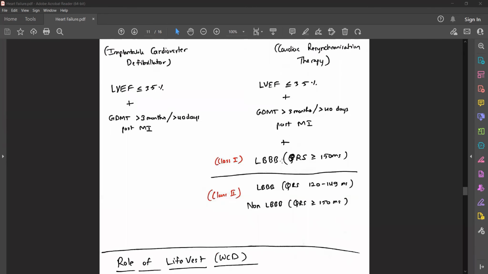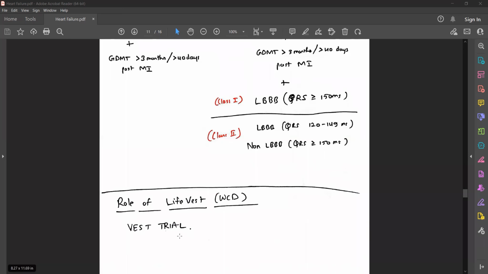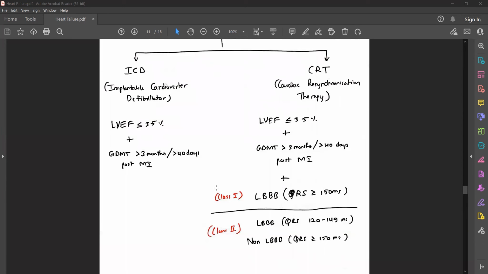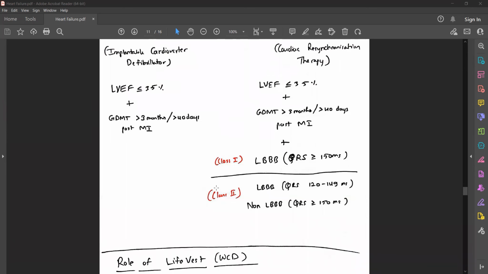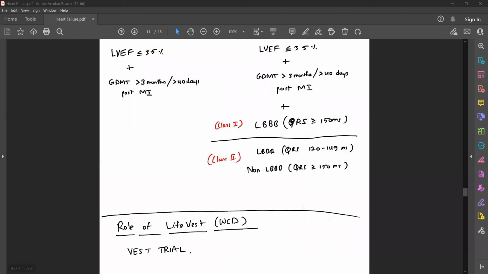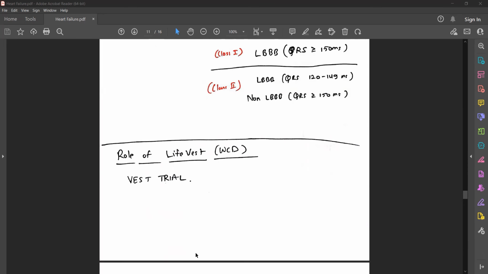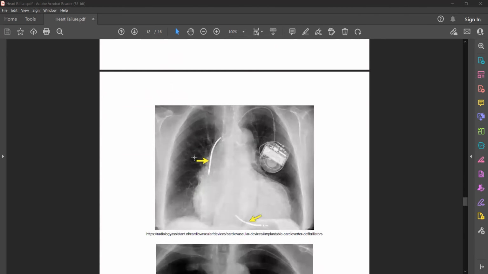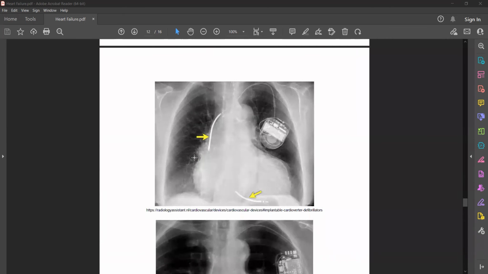But based on this trial, since there was no significant mortality benefit, a lot of times it's not used. But either way, in the patients who have bacteremia, if the ICD is removed, or if they're waiting for a heart transplant, a life vest is still used. That was not a part of the trial. So this is something that you can remember. It might be asked in rounds.